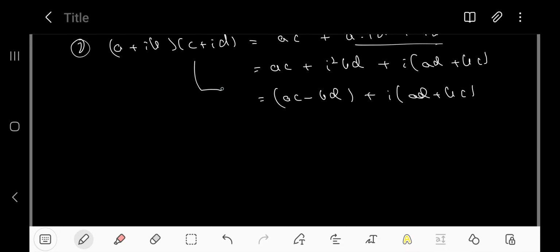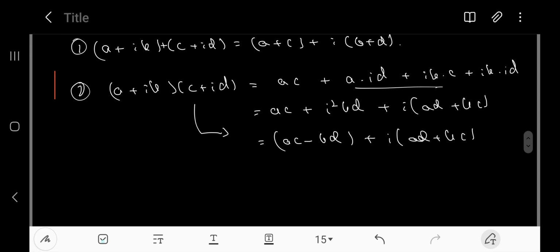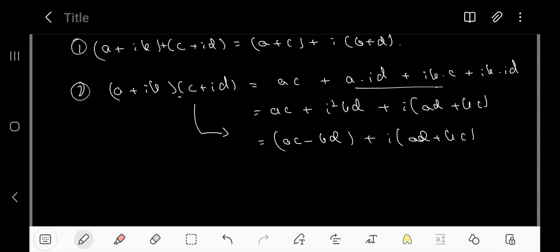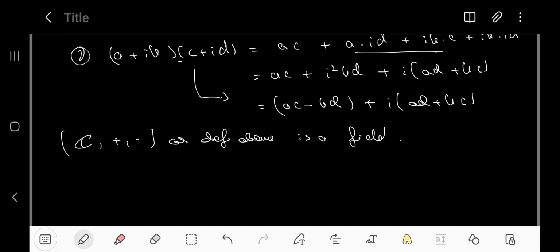So this is the definition of multiplication we have in the complex field. So if I write this as a dot, then C with plus and dot as defined above is a field. Clear?